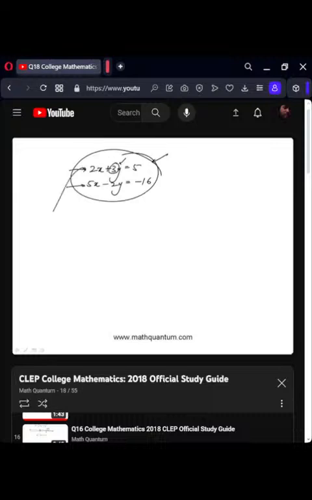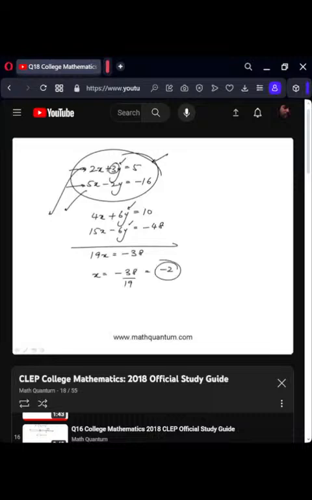So double the top equation, multiplied by 2, so that becomes 4x plus 6y equal to 10, and then triple this, 15x minus 6y equal to minus 48, and then if I add them the y terms would drop out. This would become 19x is equal to minus 38, which means x is minus 38 over 19, and that is minus 2.